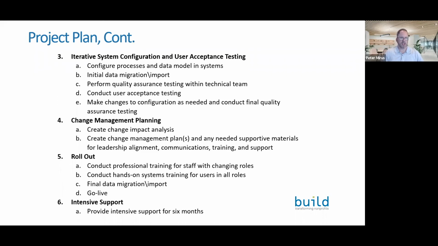And then actually do the rollout. A key aspect of a rollout is making sure that not just that stakeholders understand how to use the tool, but also that they have any necessary professional development if they have a changing role with a new system, a changing business role, and we'll talk about that a little bit in a few minutes as well.